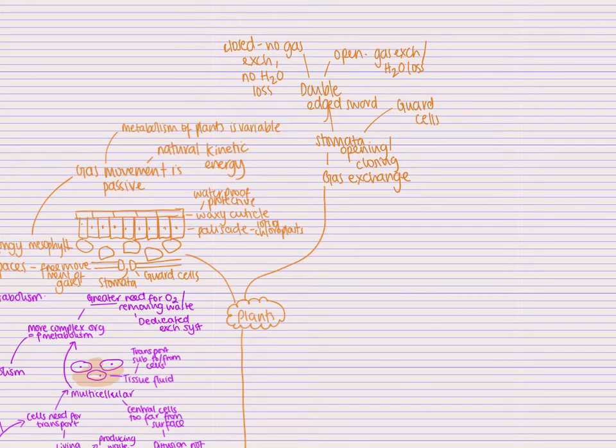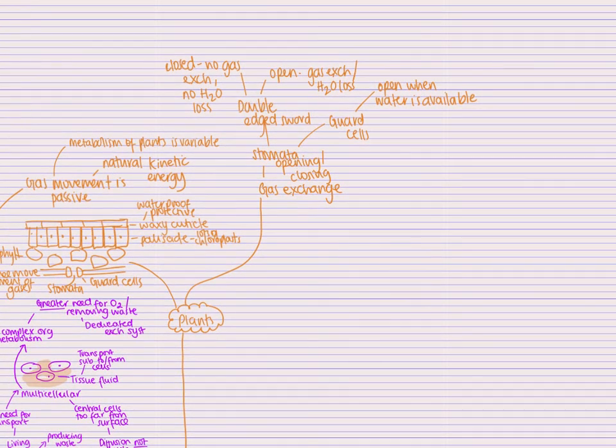And for this reason, the guard cells are really, really useful. So what they're going to do is they are going to open when water is in full supply, or when water is available. Okay, and if they open when water is available, it sort of nullifies the problem with losing water when they're open. So gases can be exchanged.